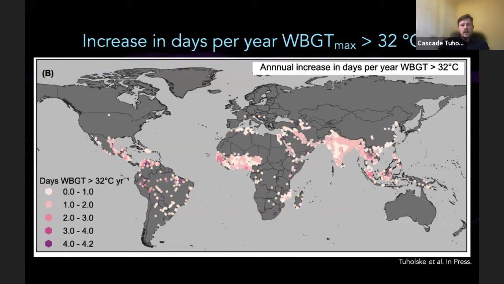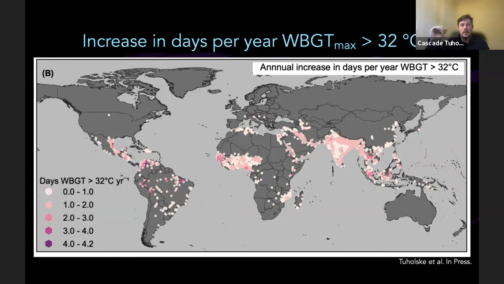But if we just look at the number of days per year and the regression of that, a slightly different pattern emerges. And you see that there are some cities or urban settlements on the planet that have, for the last 34 years, a 4 days per year increase in the number of days per year exceeding wet bulb globe temperature max of 32 degrees.